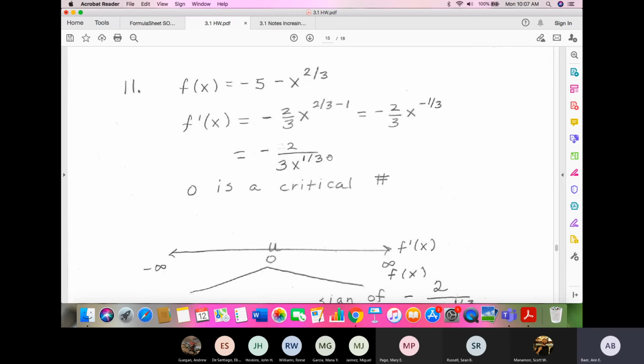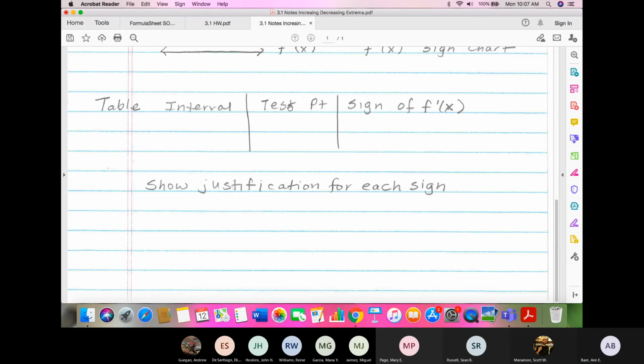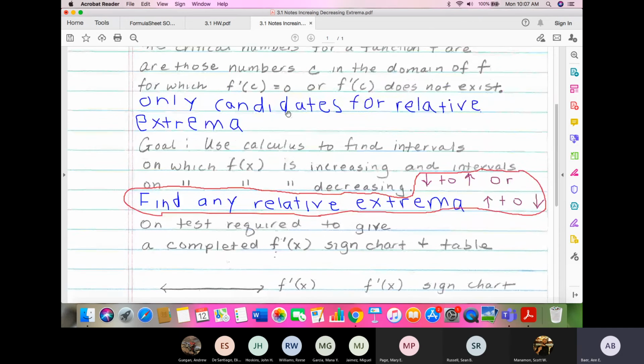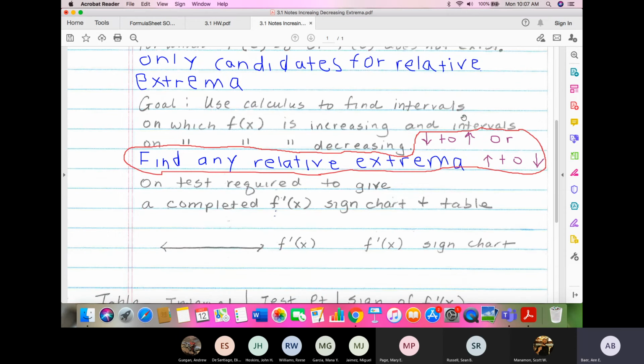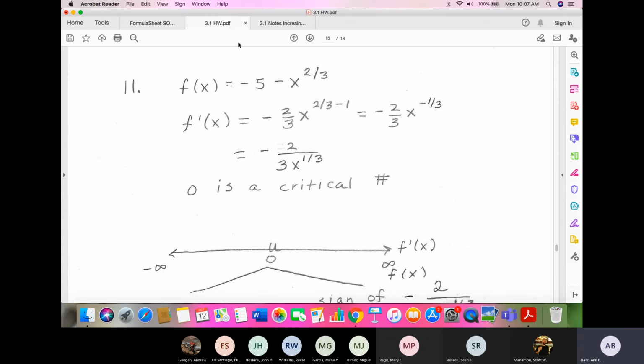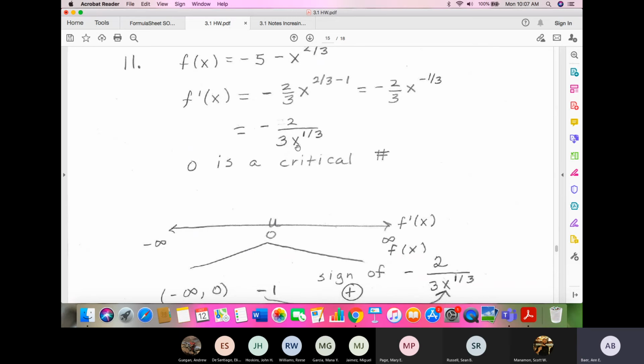So remember, critical numbers are numbers c for which the first derivative is 0, or the first derivative does not exist. In this situation, the first derivative does not exist, because what happens if we plug in 0 here?